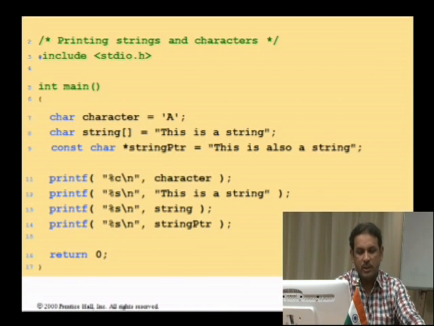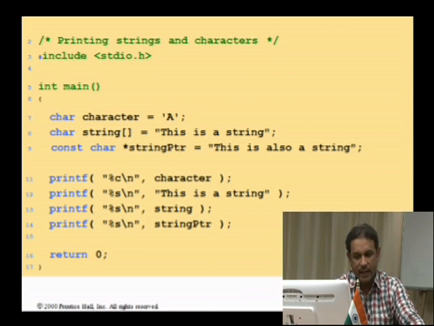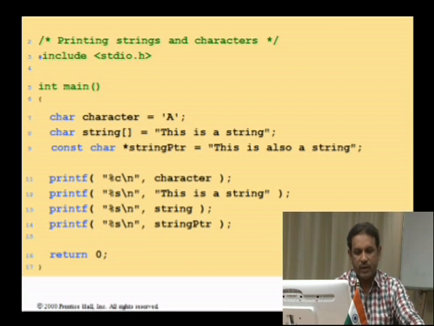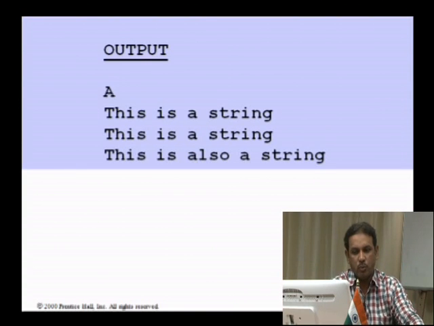As you are using percentage c backslash n, after printing a character your cursor will go to the next line, then the second line will be printed, this is a string, and similarly again the string, and next again the string pointer. If you don't use backslash n, your output will be in a single line, so the result will not be legible for you. You will get the results, but it will not be very legible.